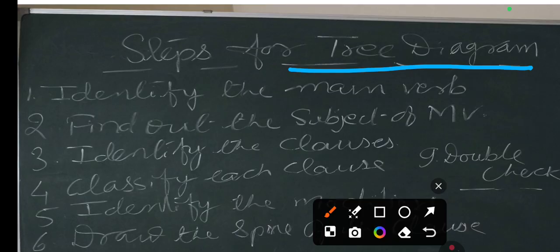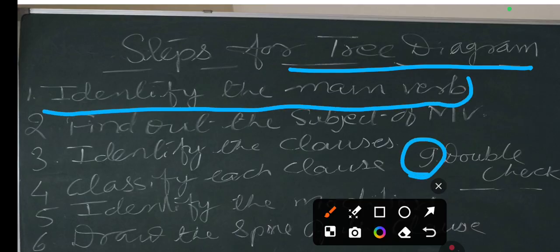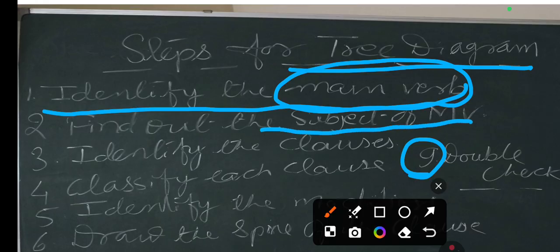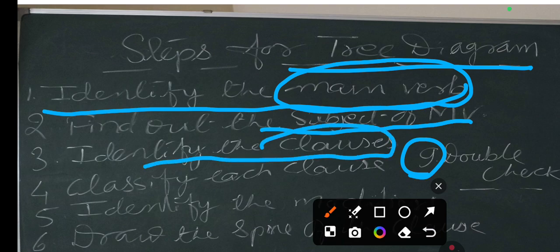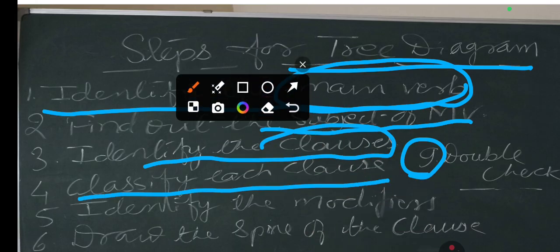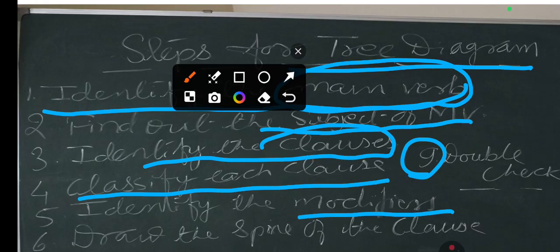There are 9 steps. First step is identify the main verb, right? Second one is we have to find out the subject of the main verb. Third thing is identify the clause. Fourth is classify each clause. Then fifth one is identify the modifier.